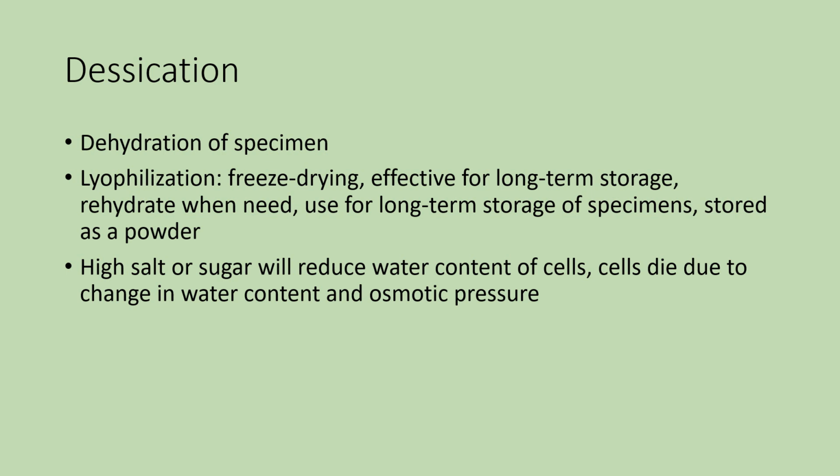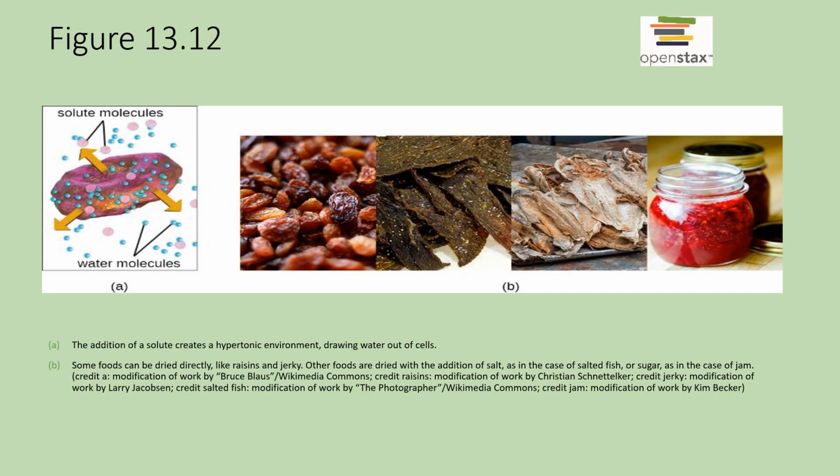You have meat or you have fruit or something, you want to make jam, you add more sugar to it. That's going to reduce the contamination because that high salt or that high sugar is going to kill the organisms that are present. It's pulling the water out of the, say, bacteria. And so you have different food items here, such as making jerky or saltfish or jams, where this has been used.